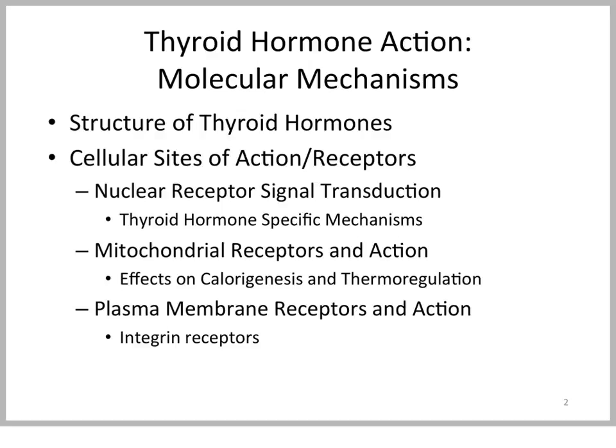And then finally, a relatively new area of understanding, the integrin receptors that seem to be detecting thyroid hormone and the actions associated with those which do not require a genomic mechanism.